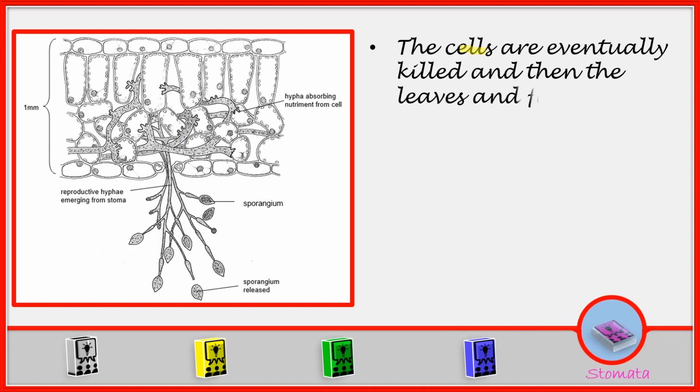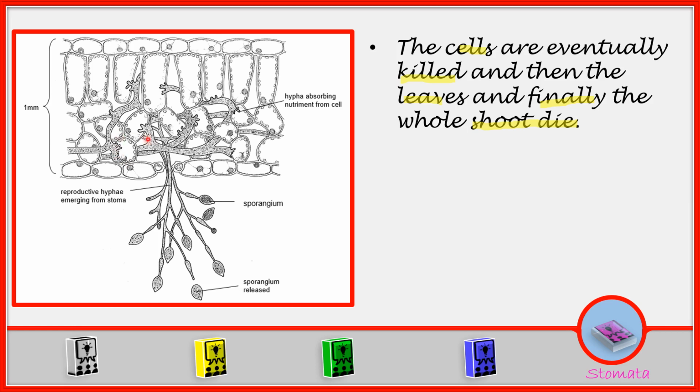The cells are eventually killed, and then the leaves, and finally the whole shoot dies. So by these hyphae penetrating through the cells and absorbing the nutrients, the cells end up dying.